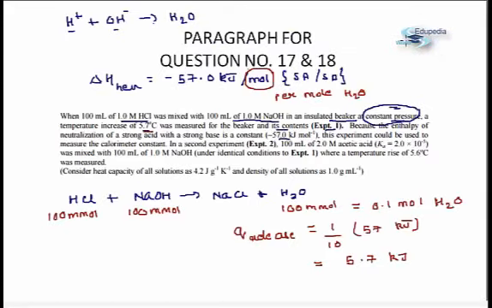Fine. Let me come back to the question. It again says that this experiment can be used to measure the calorimeter constant, so we have already calculated that. Let us read the question further. It says in another experiment, that is experiment 2, we have taken 100 milliliter of 2 molar acetic acid, the Ka value of which has been given, and it is mixed with 100 milliliter of 1 molar NaOH under identical conditions to experiment 1, when a temperature rise of 5.6 degrees centigrade was measured.